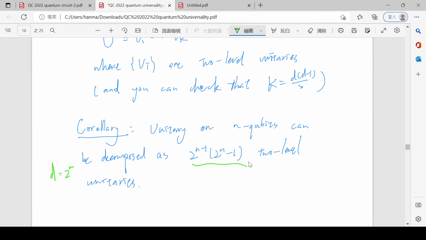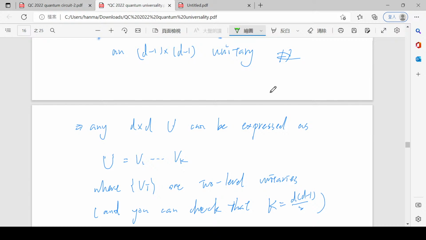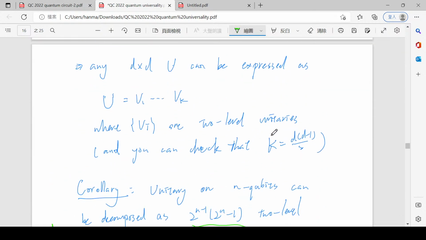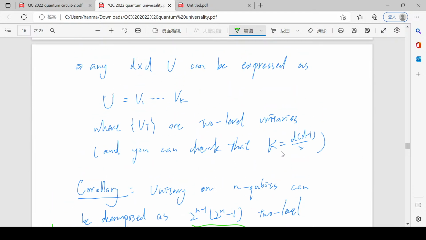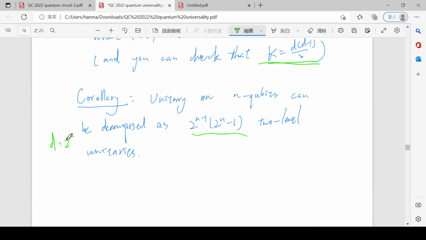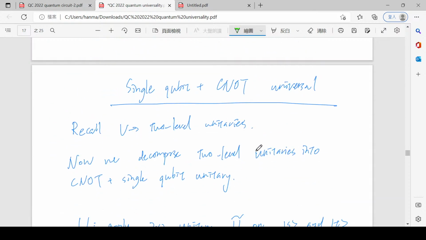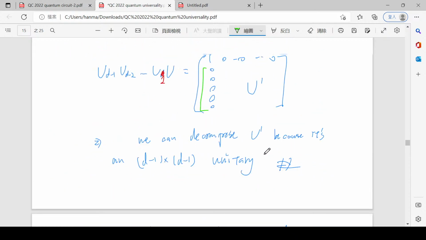The detailed number is this, and it's probably not too hard to count: you're adding 1, 2, 3 up to d minus 1, so the total number is 2 times d times (d minus 1) over 2. So if you put d equal to 2 to the n, that should be equal to this. Okay, so that's decomposing.